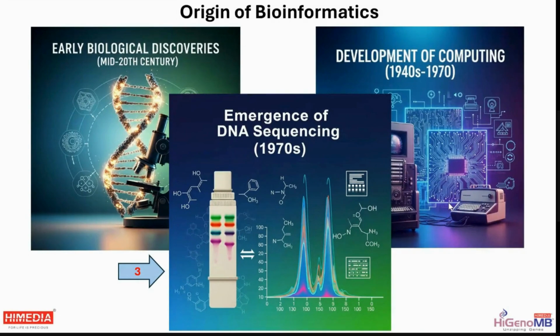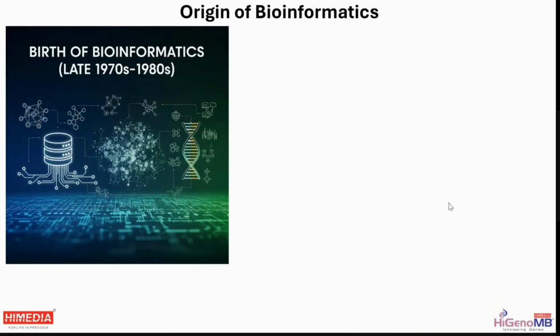Again, analyzing that data is a very difficult task for a human. That's where the necessity of bioinformatics came, which started in the late 70s until the 80s. You can call it the birth of bioinformatics.